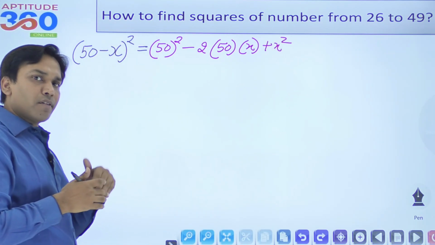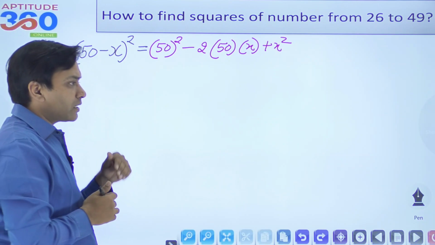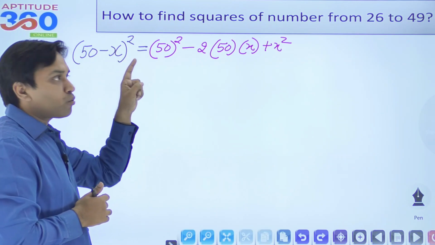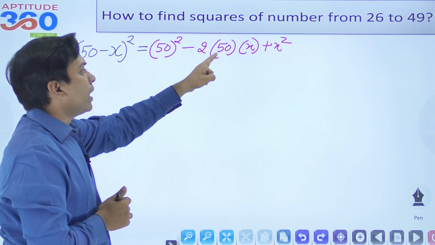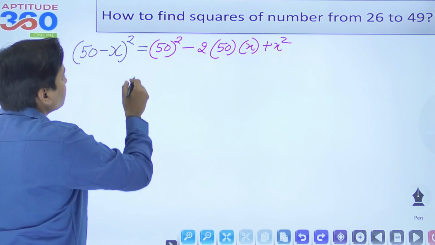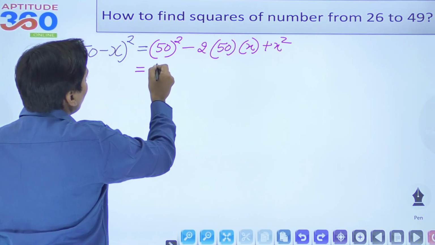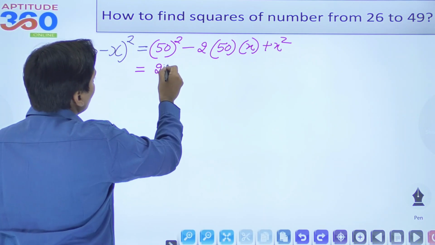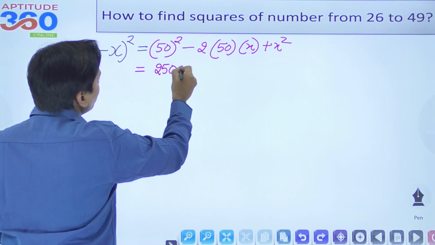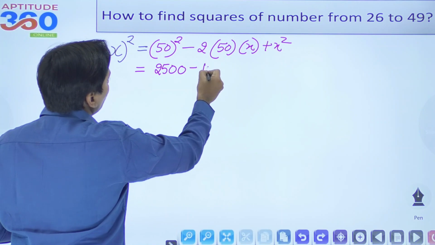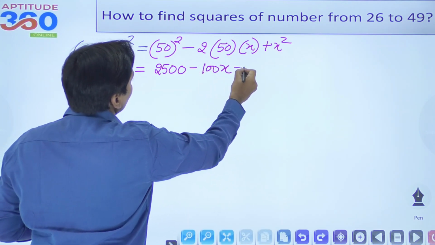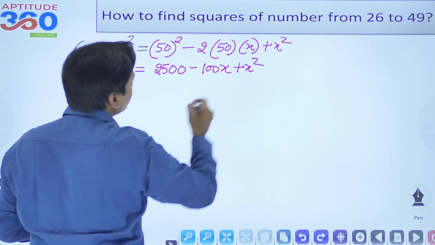So I have applied the basic identity of (a negative b) whole square is a square minus 2ab plus b square. Now if you do the expansion, this is 2500 negative 100x plus x square.